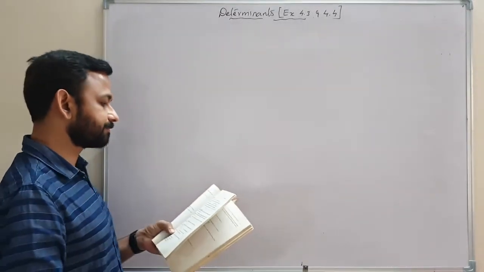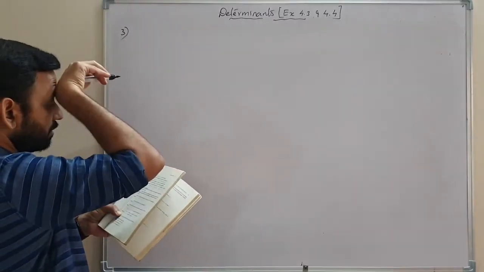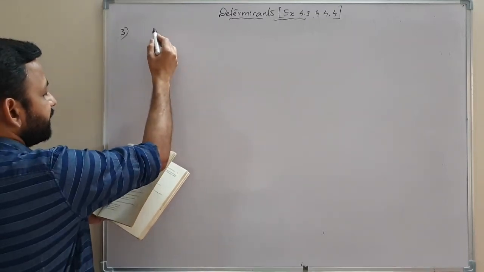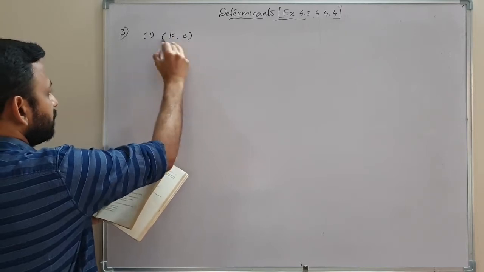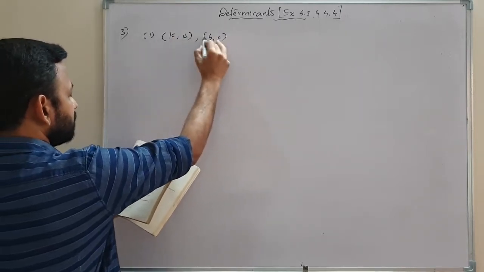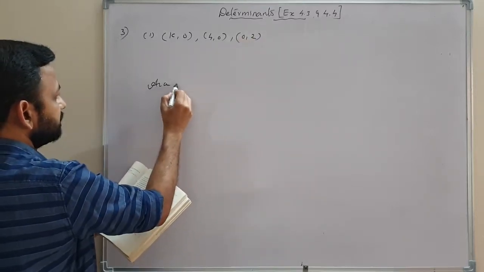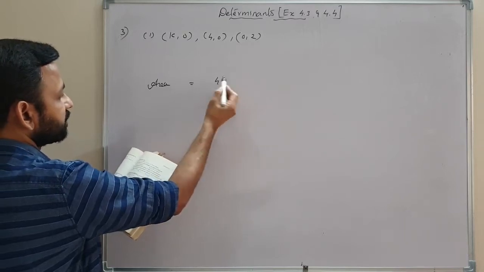Third question: find the value of k if the area is given. We can do the first pattern. The vertices are (k, 0), (4, 0) and (0, 2). Area is given, area equal to 4 square units.